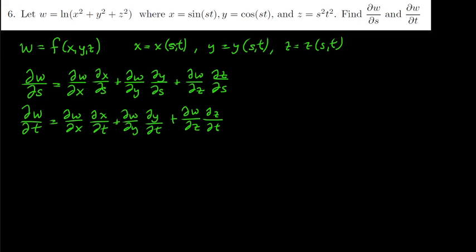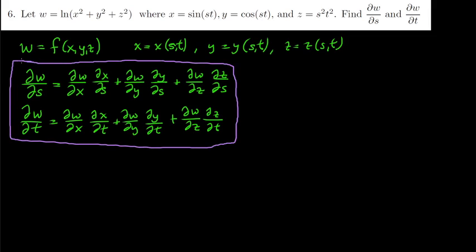Okay, so number 6, we have w is a function of x, y, and z, and x, y, and z are functions of both s and t, and we want to find the two partial derivatives, the partial of w with respect to s and the partial of w with respect to t. Right, so that's just the chain rule, which I just wrote down here. So let's just see what we get.